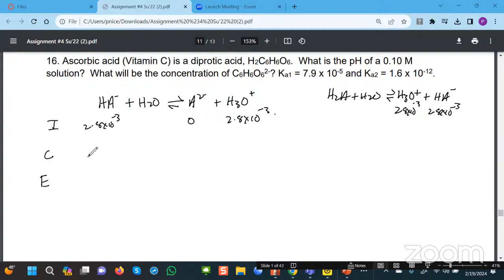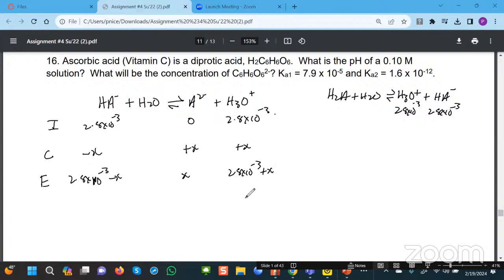This is going to be 0. The change here is going to be minus X, here plus X, and here plus X. So you're going to have 2.8 times 10 to the minus 3 minus X here, X here, and 2.8 times 10 to the minus 3 plus X here.